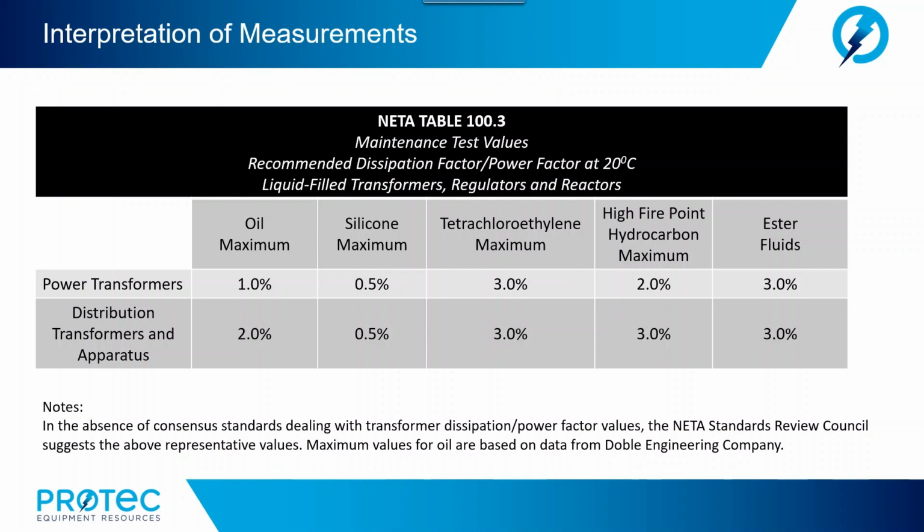Now remember, in all NETA literature, in the absence of consensus standards dealing with transformer dissipation or power factor values, the NETA Standards Review Council suggests the above represented values. Maximum values for oil are based on data from the Doble Engineering Company.